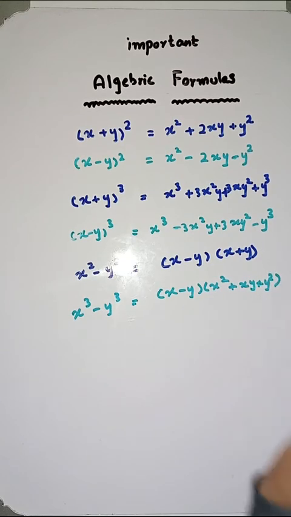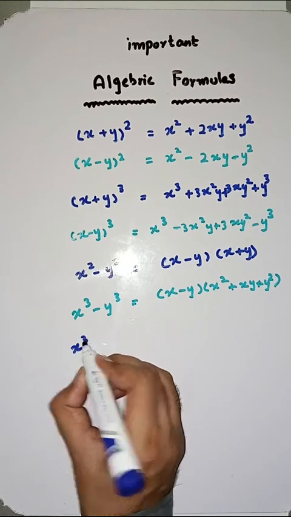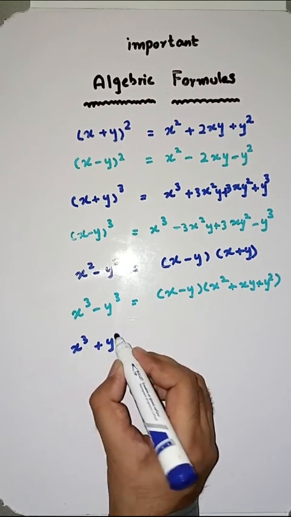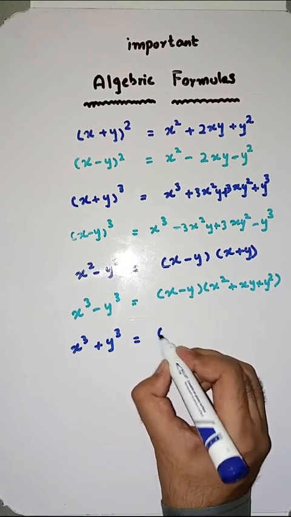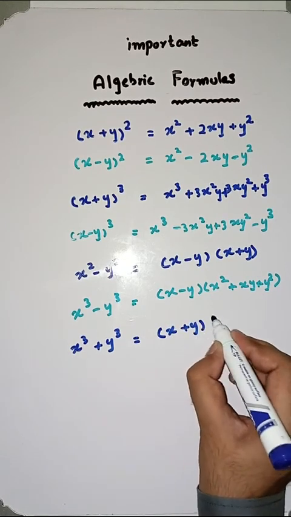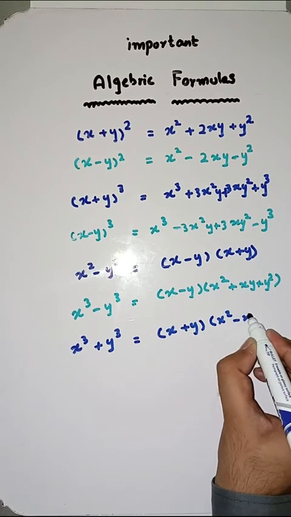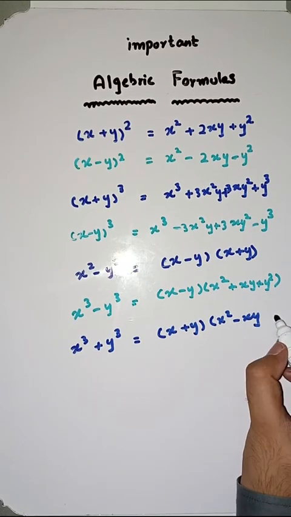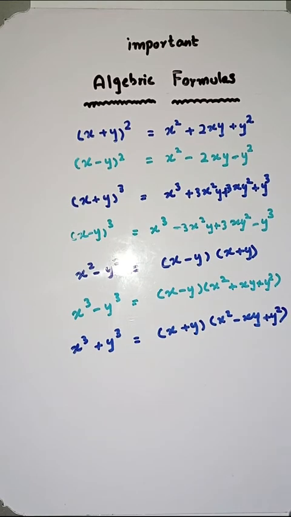Next one is x cube plus y cube, which is equal to x plus y into x square minus xy plus y square. So students, these are some of the basic important algebraic formulas.